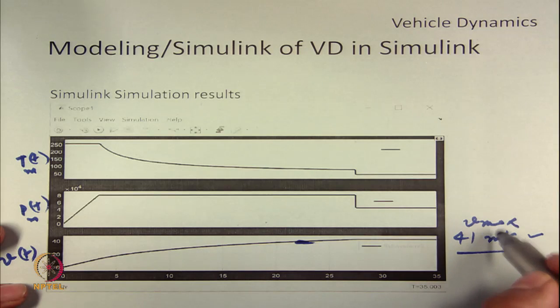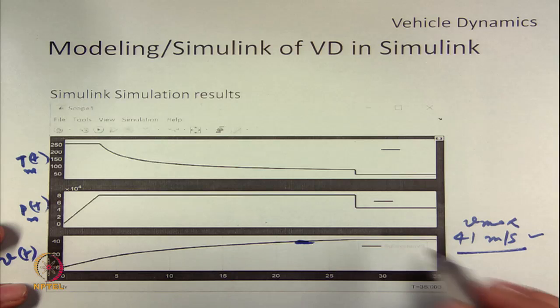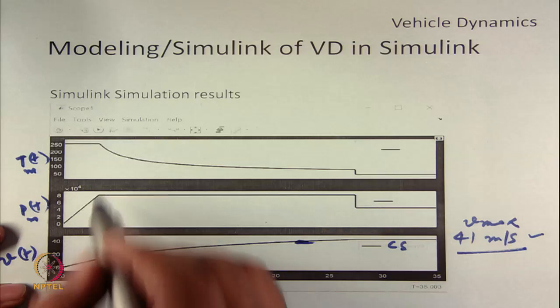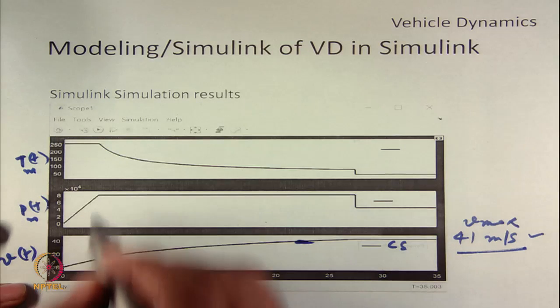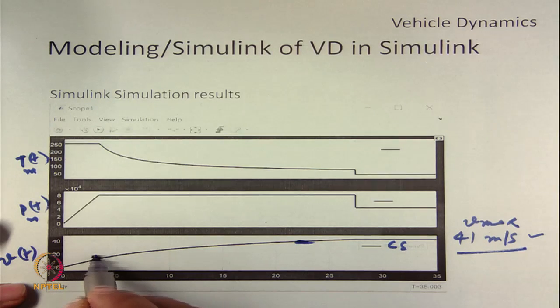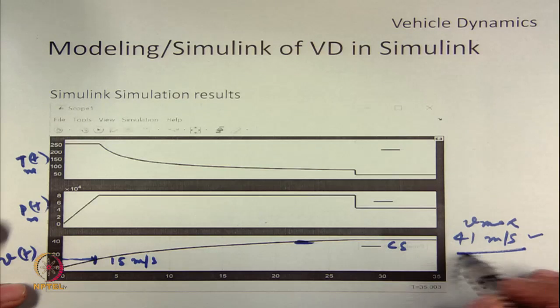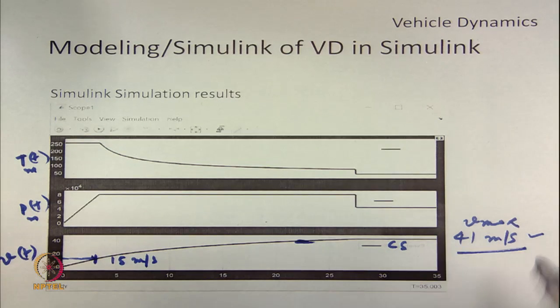We get V max of 41 meter per second when we reach constant speed mode. The rated velocity of the vehicle will be maybe 15 meter per second, and it will go to 41 meter per second in the constant speed region.